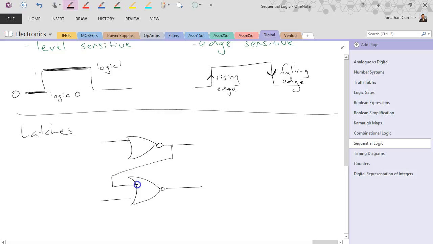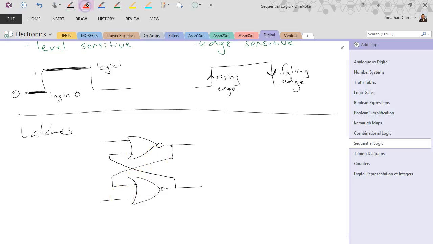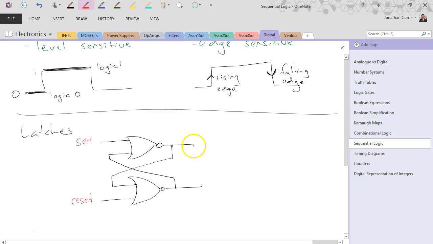So the output of one NOR gate goes to the input of the corresponding other NOR gate, and vice versa between them. So on the top here we have our set input, our reset input, and then we have our Q bar and our Q output.